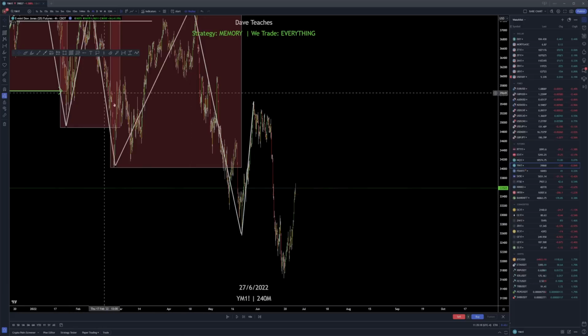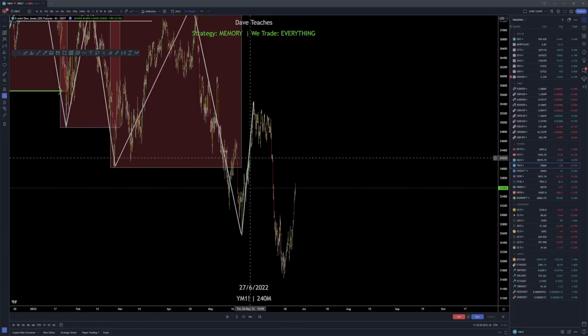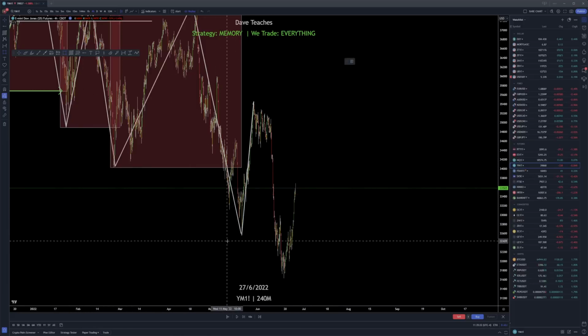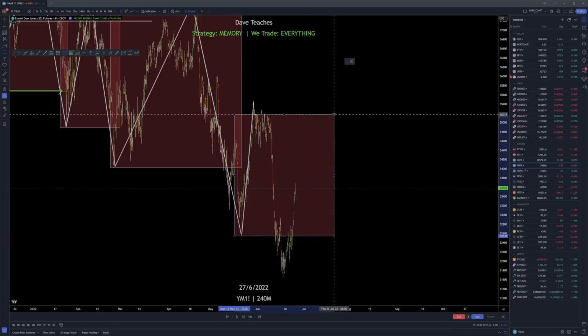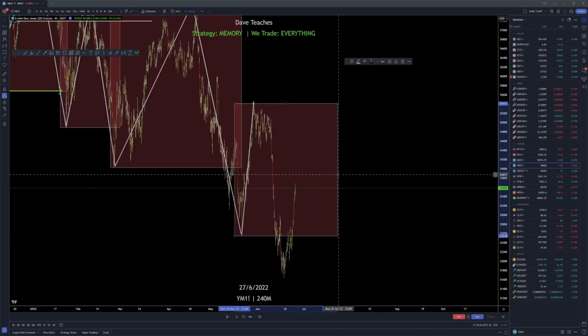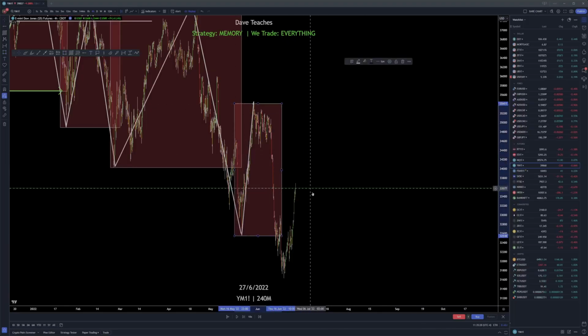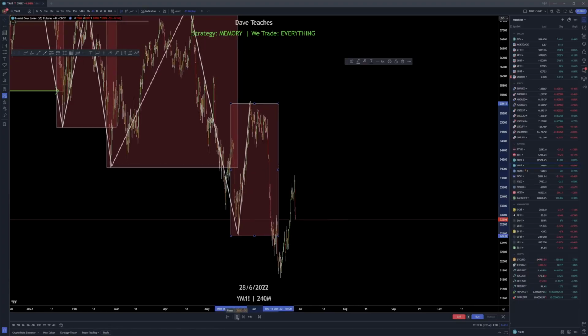Here's where somebody's drawing this out to say, oh yeah, this is another range here. So price should tap into the 50% here and then trade to the downside. But look at what occurs.